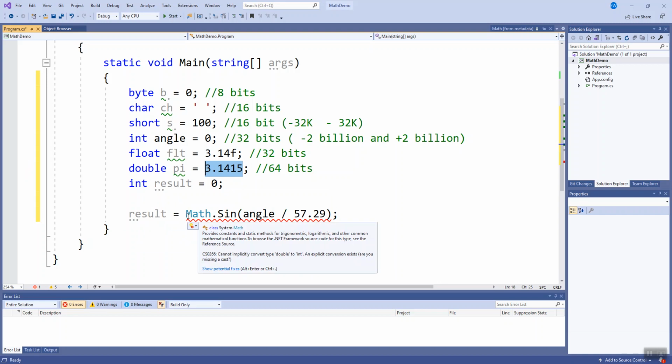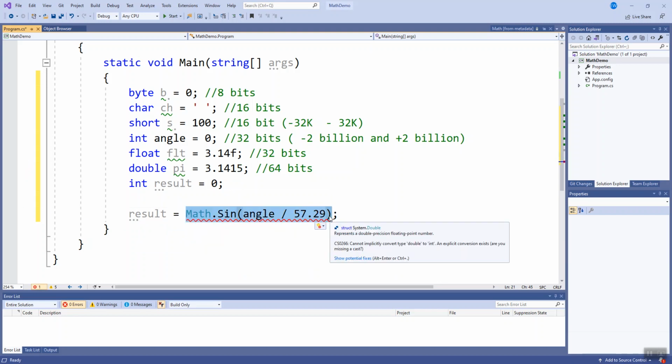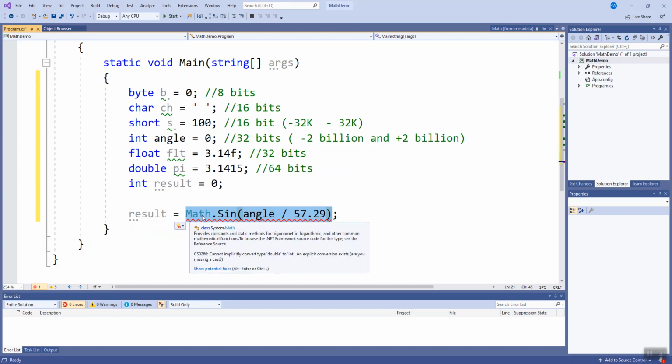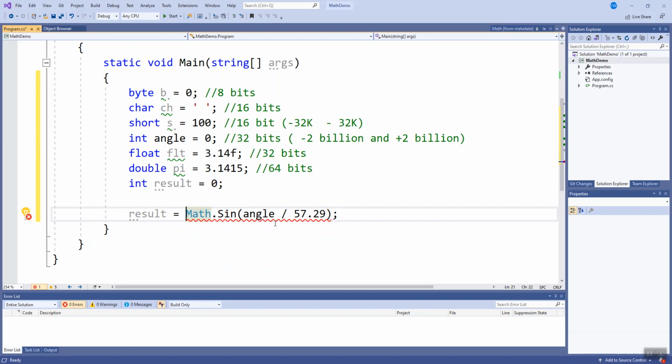Now, how do I fix this problem where I'm going to do some calculation that returns a double and I need to put it into an integer? Well, you can see the error message: cannot convert type double to int. An explicit conversion exists. Are you missing a cast? So what does it mean to cast? A cast is an operator, like a minus sign.